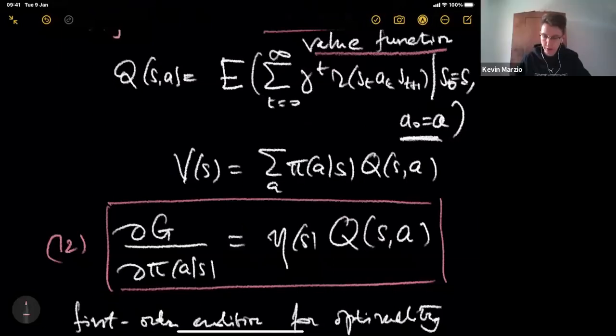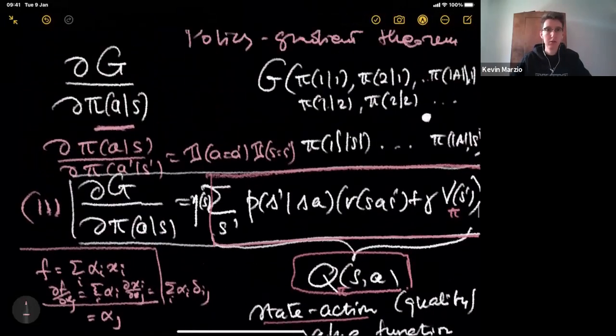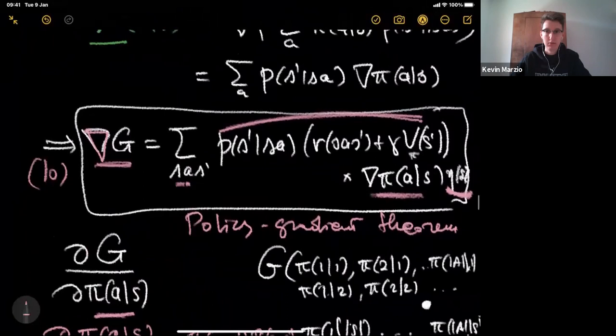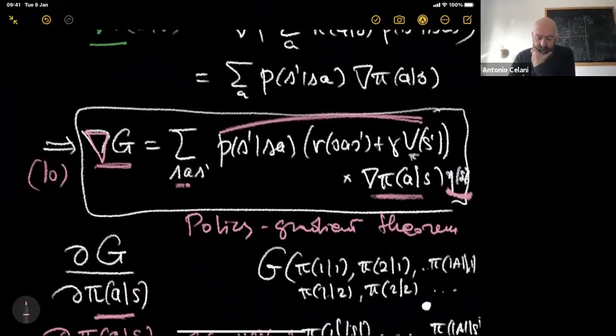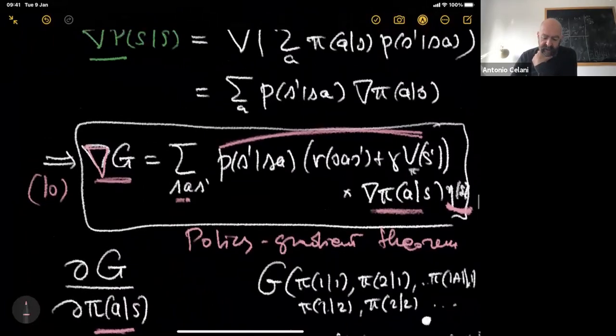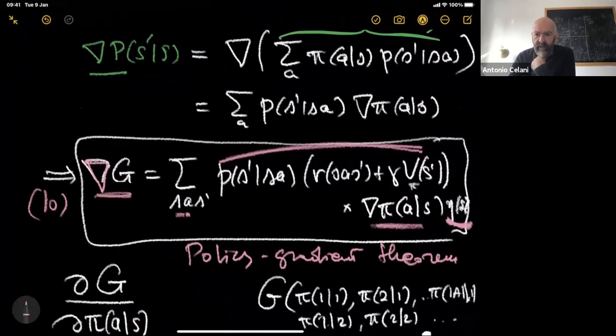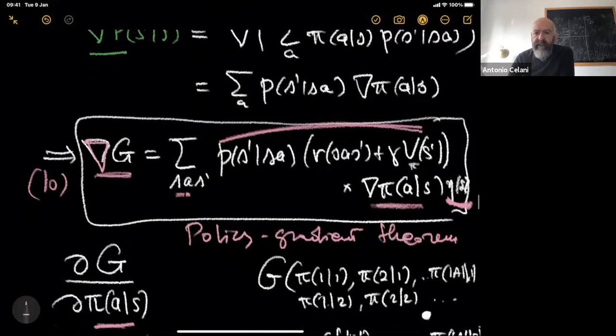Sorry, can I ask another question? Yeah, please. When we have computed the derivative of the G function, shouldn't we take care that it is no longer linear, due to the multiplication between the value function and the policy? So I'm not sure what you're worried about. The G is nonlinear, but we have manipulated it in such a way as to extract its dependence on pi.